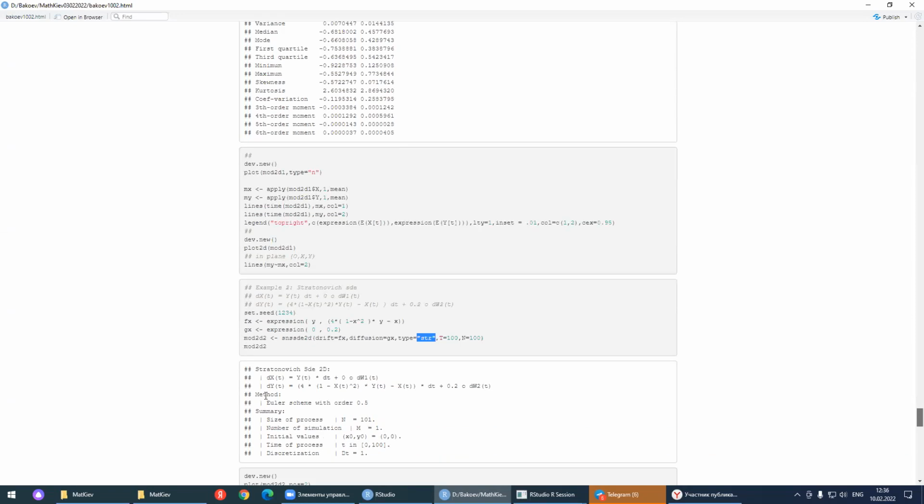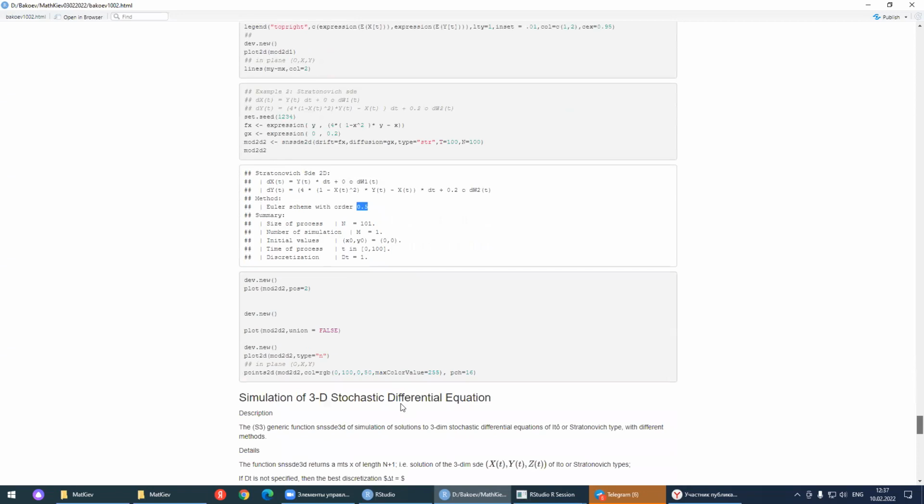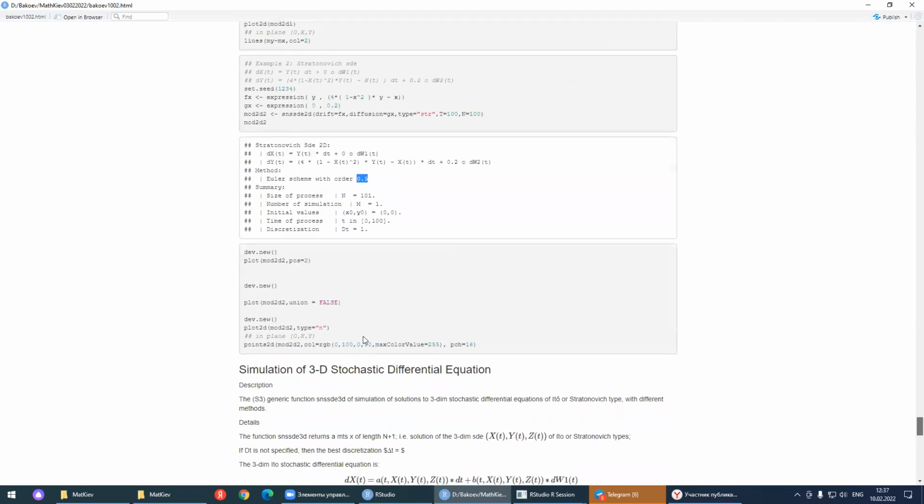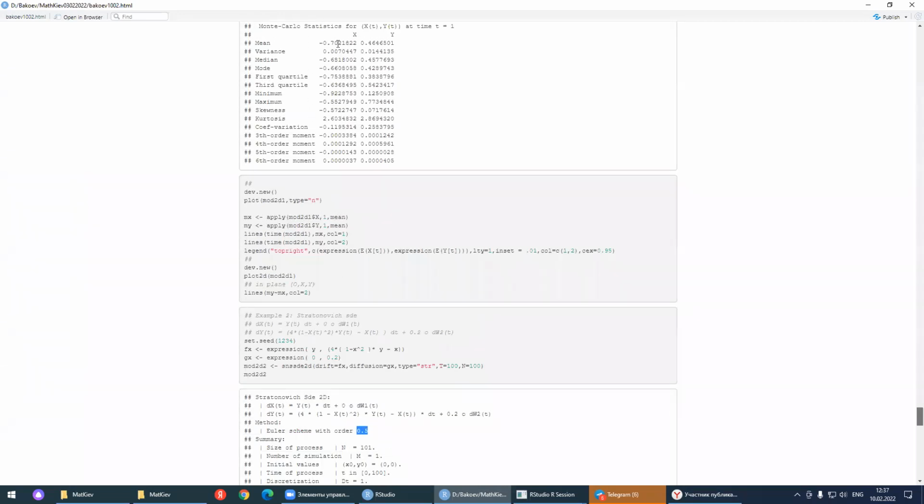Then you can solve this system of Stratonovich type. The method we used is Euler, and we have the summary result. You can find it's like this one.